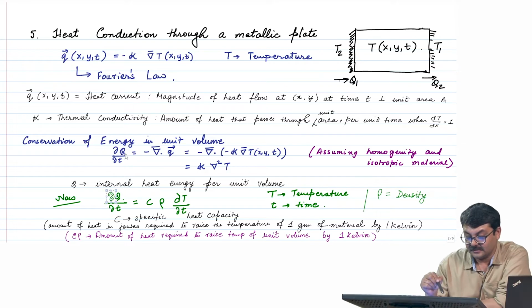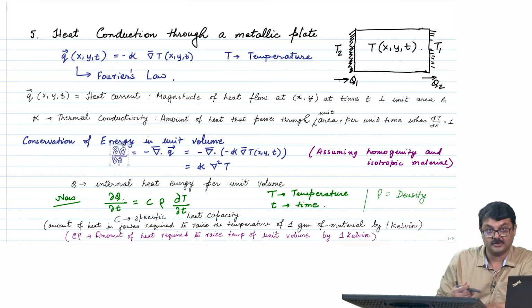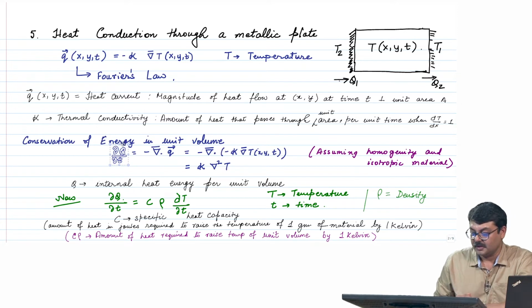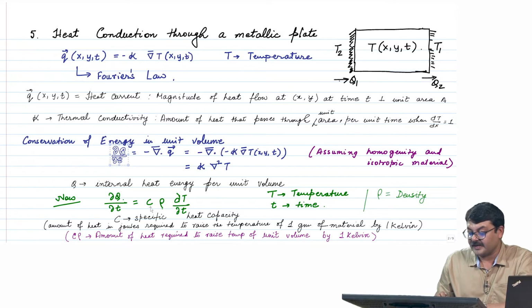Now, to put it in the diffusion equation form, remind yourself that del Q del t, the rate of change of the amount of heat per unit volume, because it is a derivative with respect to time, is the specific heat capacity C into the density rho into del T del t.